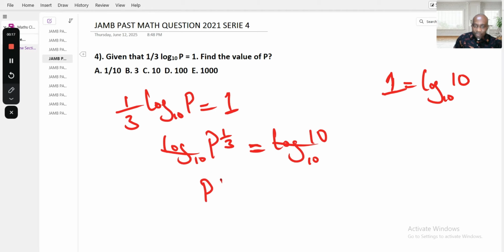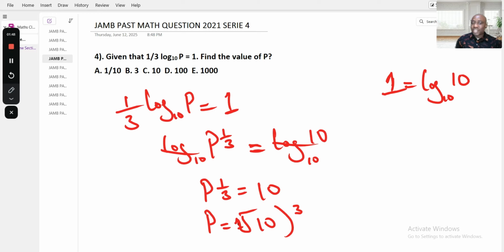We are going to have P to the power 1 over 3 equals 10. This 1 over 3 is what I wrote out here. It means a single number that you can multiply that will give you 10. When you say 10, 10 is 10. That's 10.